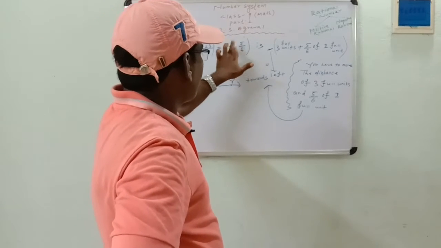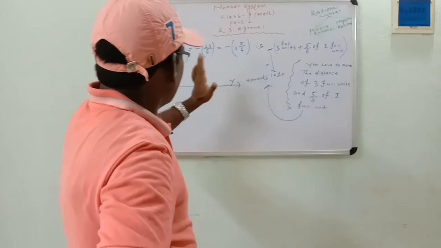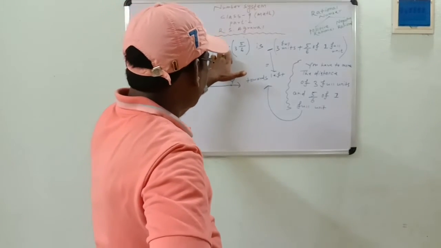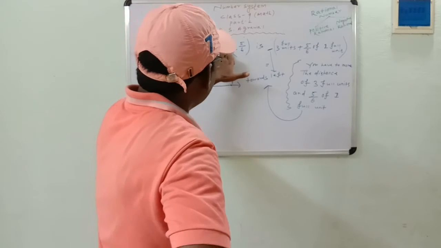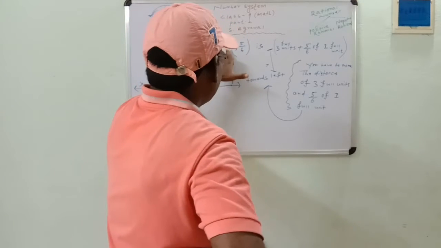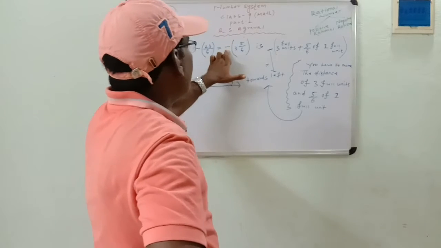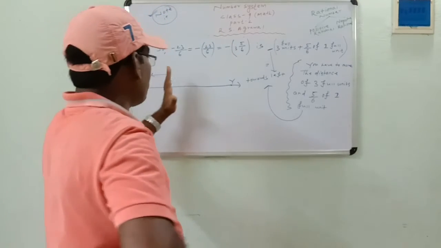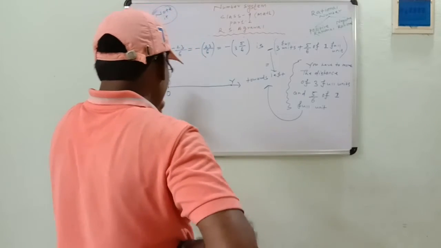It means you have to move towards the left, as there is a minus sign here, so the minus sign only indicates the direction, that is the left direction. So you have to proceed towards the left from 0.